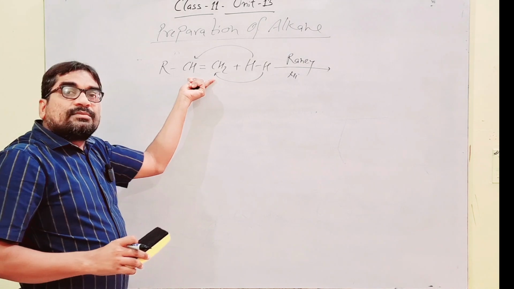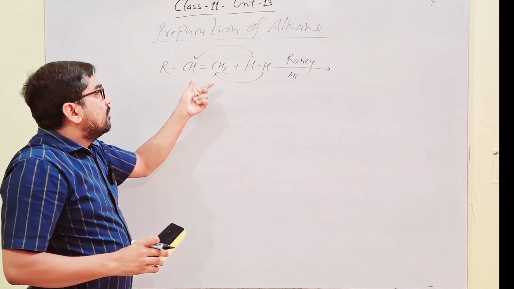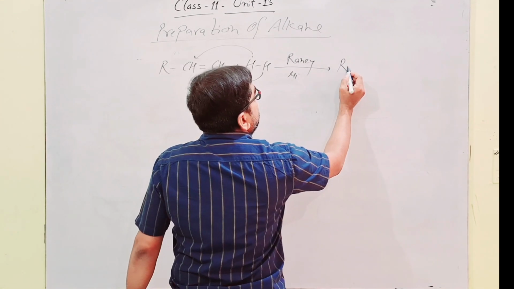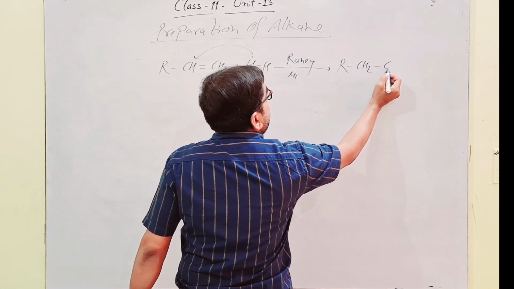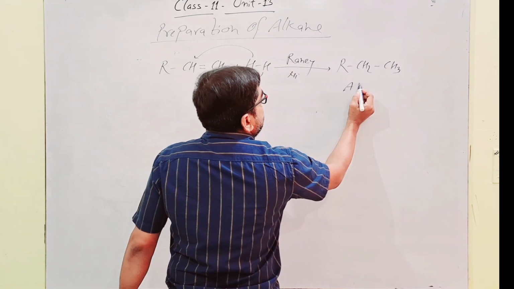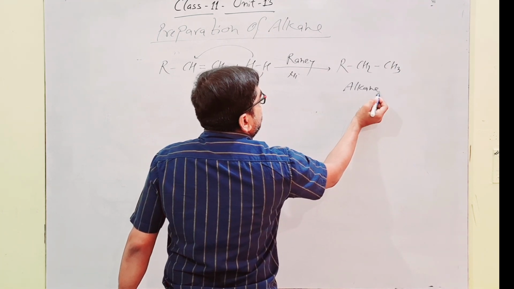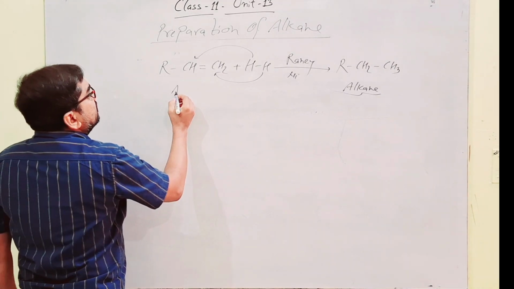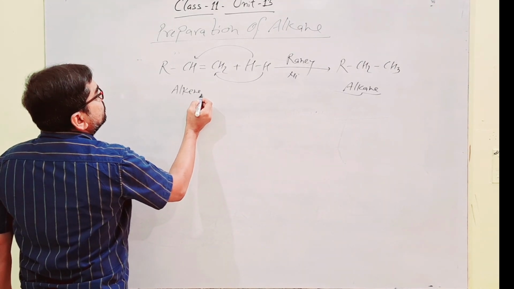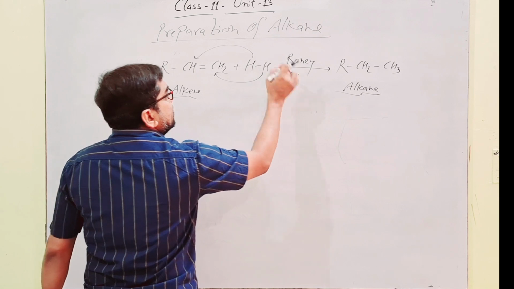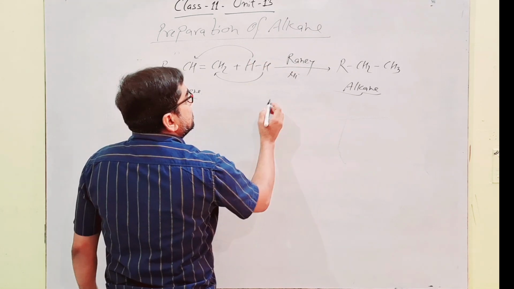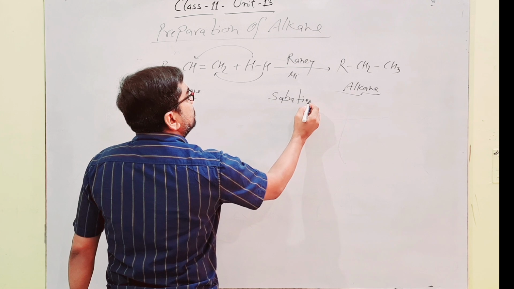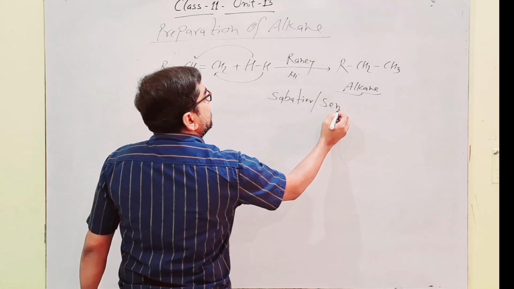Whenever 2 sigma bonds are formed, 1 pi bond disappears. So here R CH2 single bond CH3. The carbon bond is single, so alkane is formed from alkene. Since Raney-Nickel is present, this reaction is Sabatier-Senderens reduction.